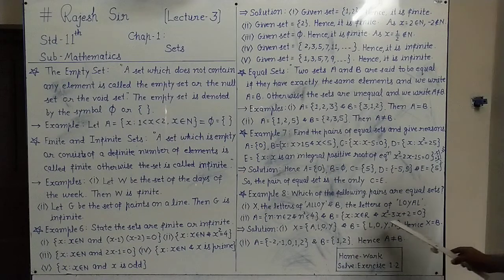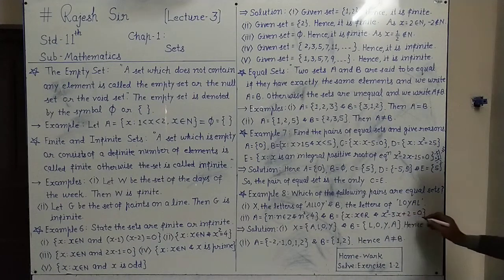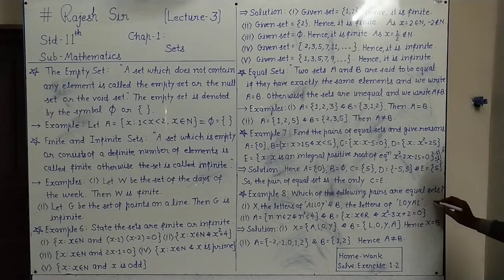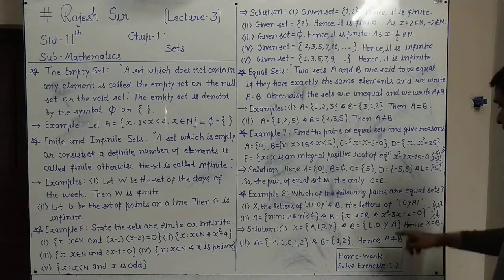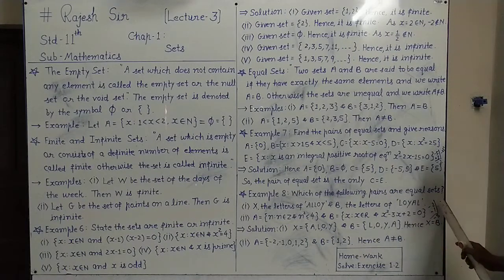And B equals x square minus 3x plus 2 equal to 0, x belongs to R. Here also, by the splitting the middle term method, plus 2 is required in multiplication and minus 3 is required in addition, so we need two factors of plus 2. So we can write minus 2 and minus 1 by splitting minus 3x, and that will give 2 and 1.